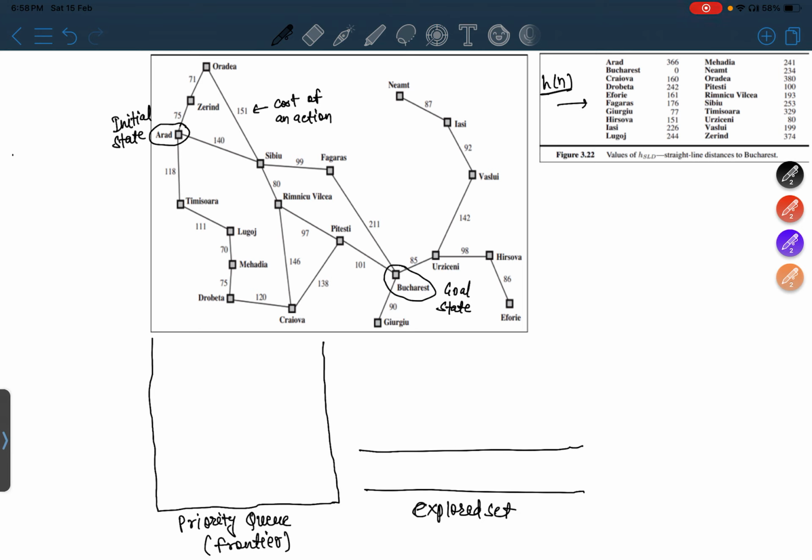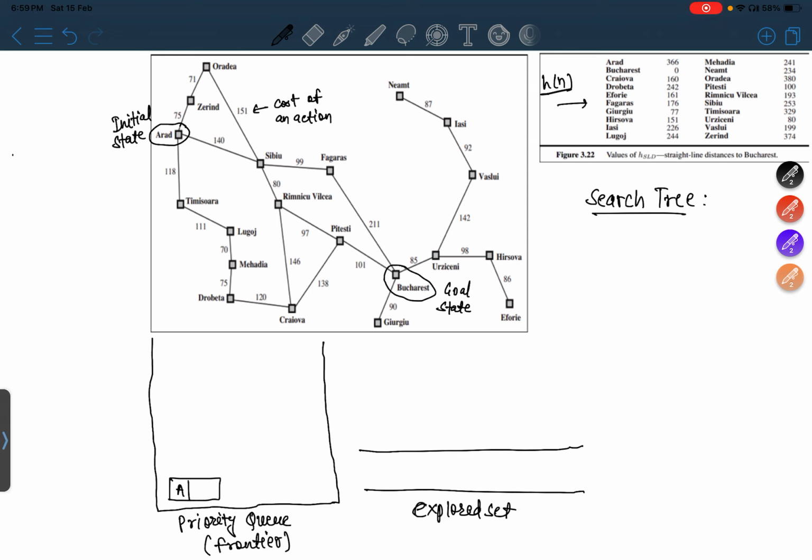Another thing that we need to maintain is called the search tree, that we can maintain accordingly. So what's the initial step of our algorithm? We'll start with the initial state being in the frontier. So our A being in the frontier.